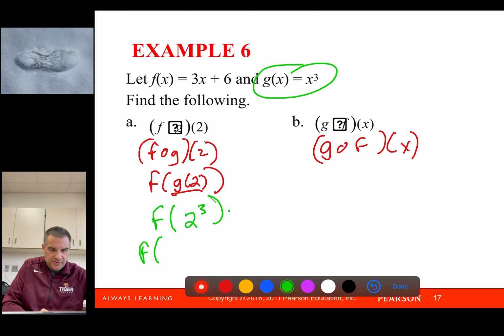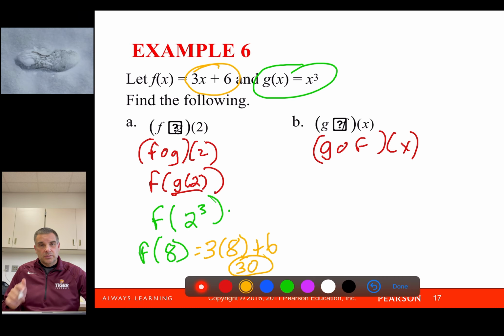That means I have to find f of 8. Now I look at my f function, and anywhere in my f function where I see an x, I'm going to replace it with an 8. So 3 times 8 plus 6 gives me 30. And there's our solution for f of g of 2.